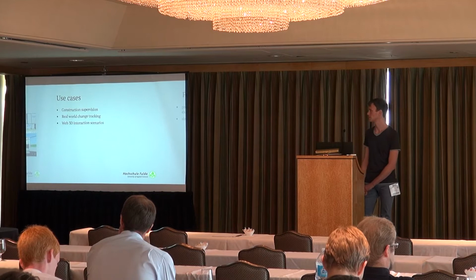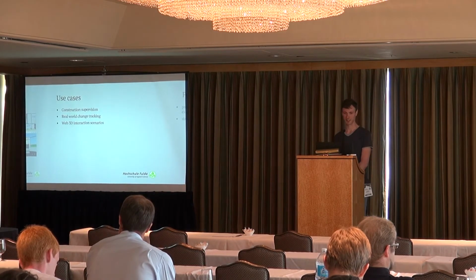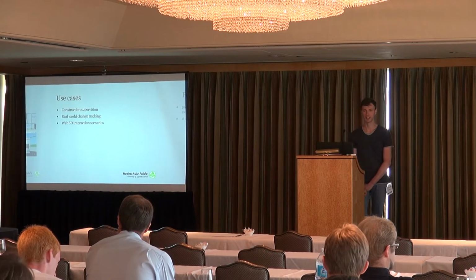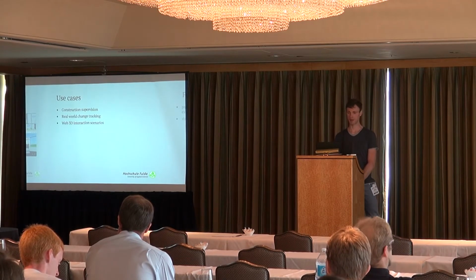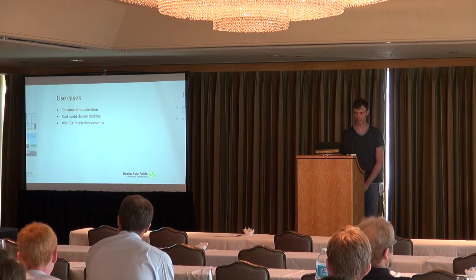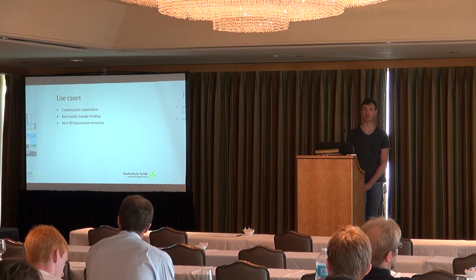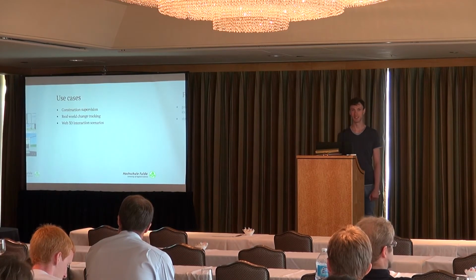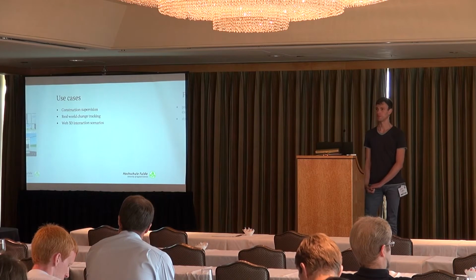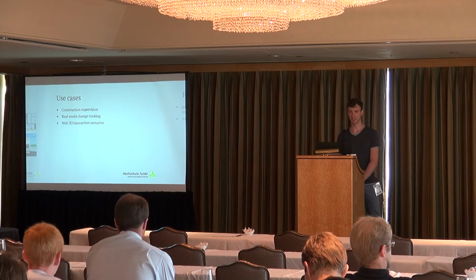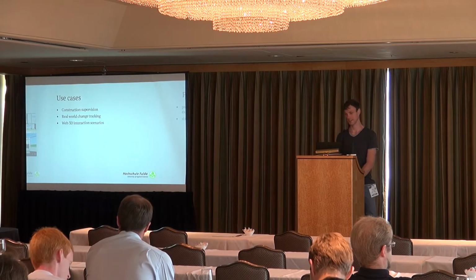So, what can MIPos be used for? First, we use it for construction supervision, for example, where images can be acquired via MIPos and then used to find differences between the current state and the planned state pictured in the CAD planning data.